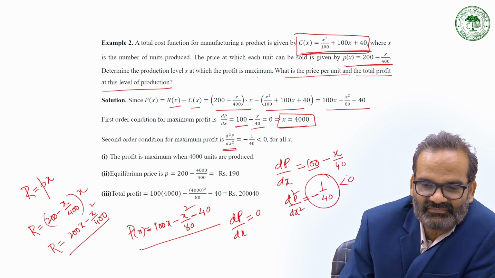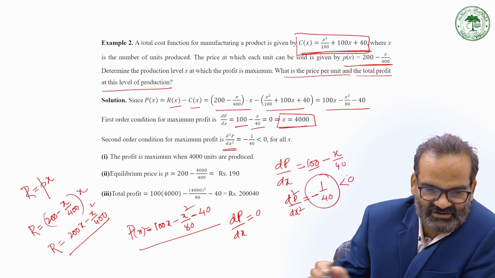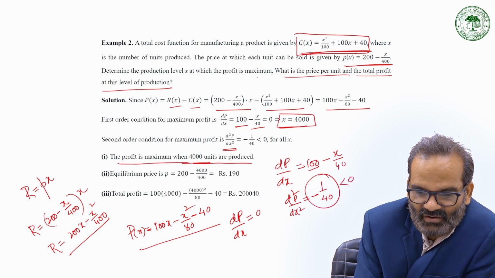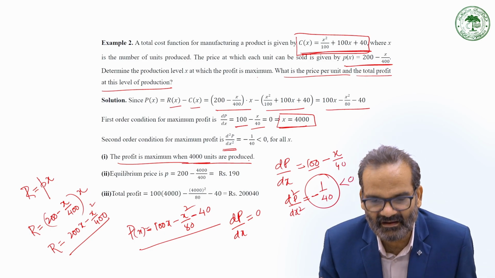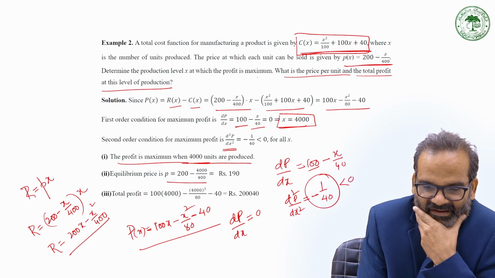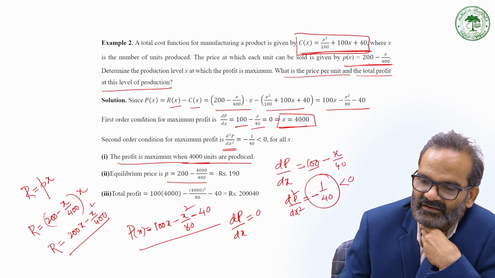What you want to calculate further? What is the price per unit and total profit at this level of production? The profit is maximum when x equal to 4000 units are being produced. Okay, this we have already calculated or proved. Now we want to determine the price. You know the demand function is P(x) equal to 200 minus x upon 400.